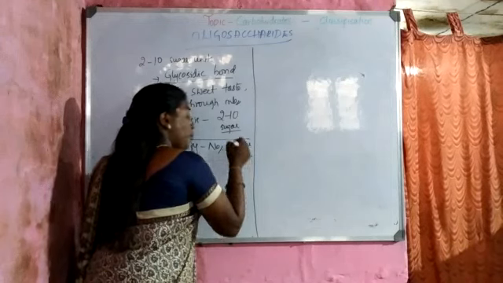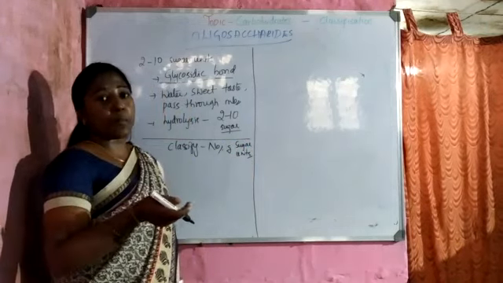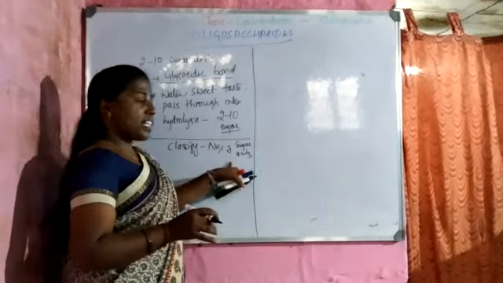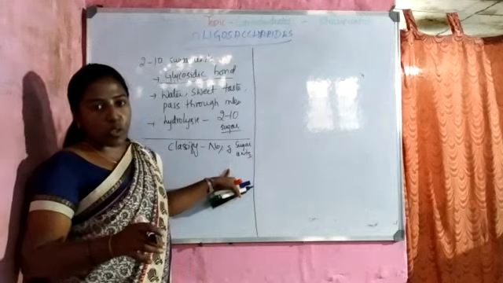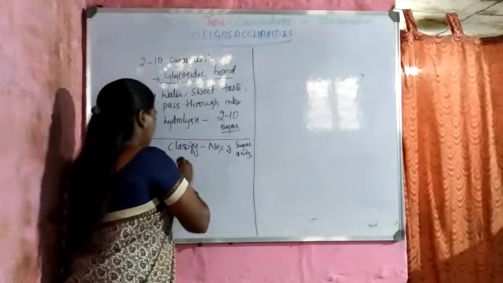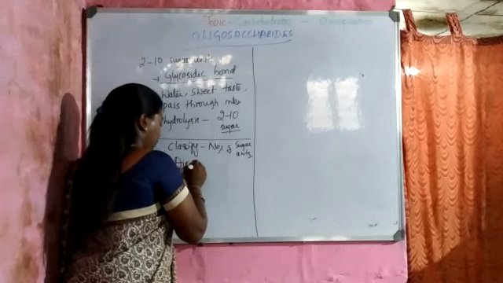You should remember that monosaccharides were classified based on the number of carbon atoms, whereas oligosaccharides are classified based on the number of sugar units. First one is disaccharide.